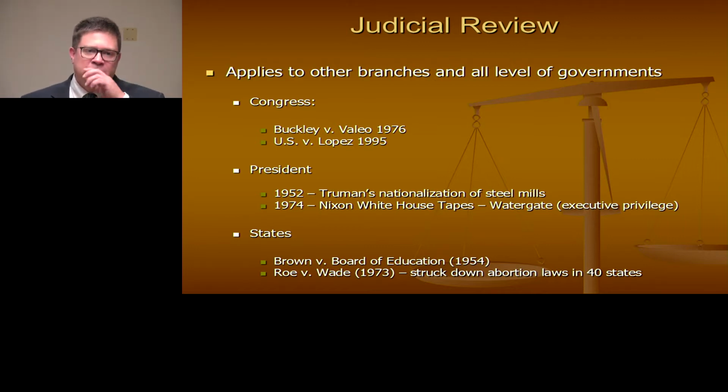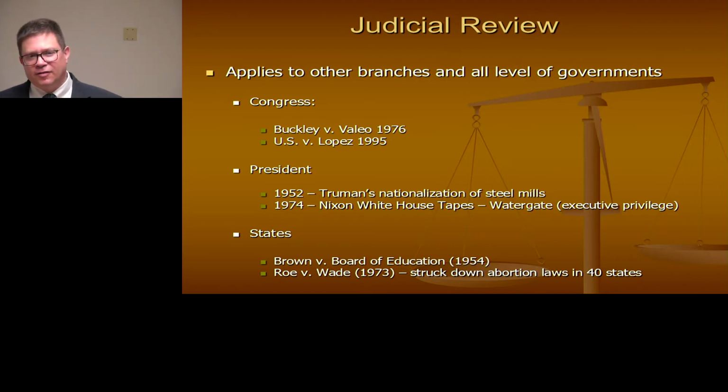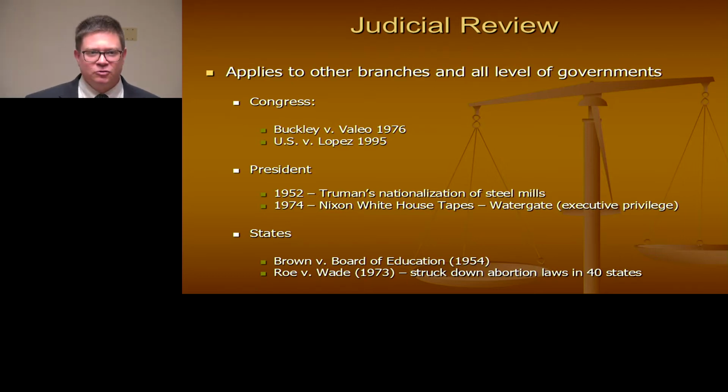The Supreme Court says, we understand what you're trying to do, President Truman. We understand we're in the middle of the war, but there is nothing in the Constitution that gives you the power to do this by yourself, right? So eventually Truman made everybody sit down, they came to an agreement, and the whole thing was avoided. But the Supreme Court basically told President Truman that his action was unconstitutional.